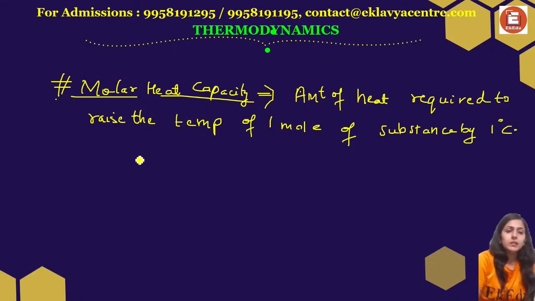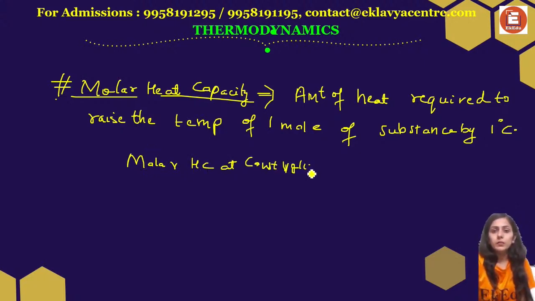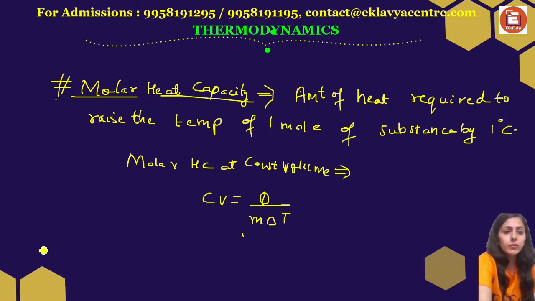So molar heat capacity at constant volume, Cv, is equal to Q upon n delta T. Here, instead of mass, because we are talking about number of moles, I will take n, where n is the number of moles of a substance.